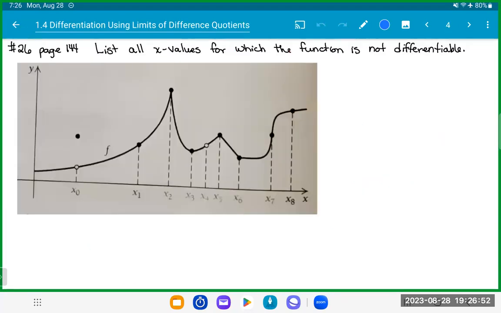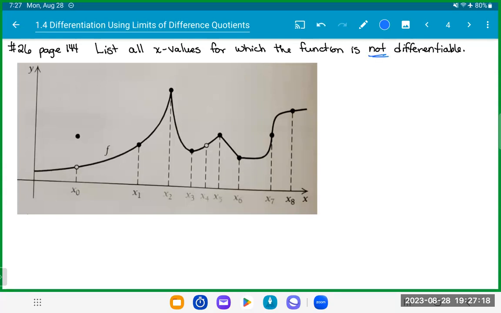All right, so this next type of problem is coming off of page 144, question number 26. There's 25 through 30 like this to practice from. For this one, it wants us to list all x values for which the function is not differentiable.